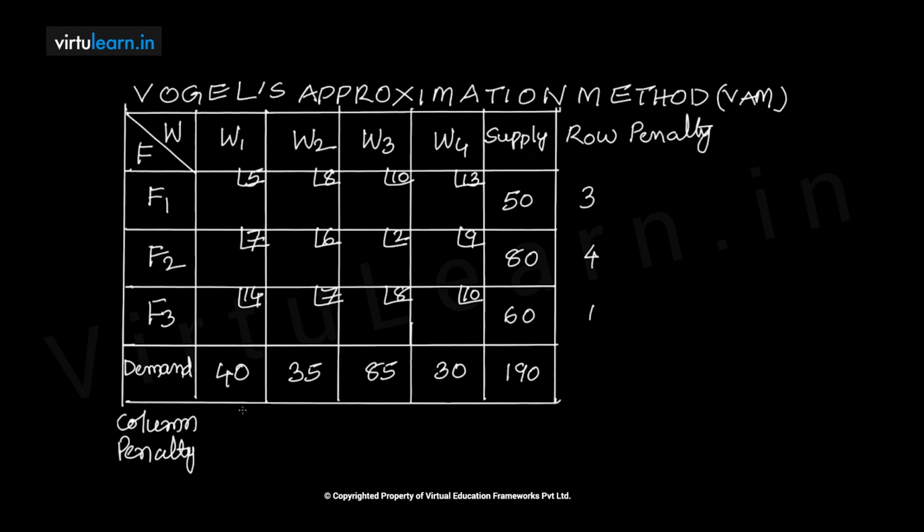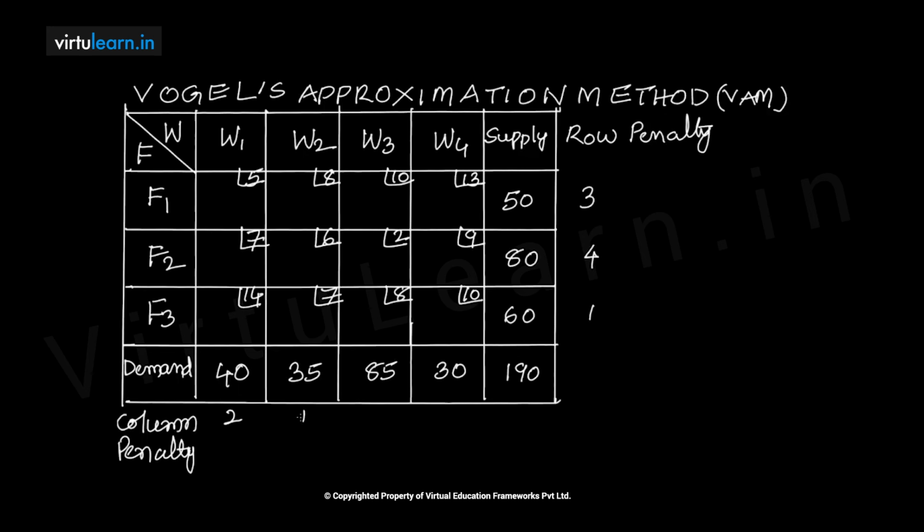Now we'll look at the columns and we'll write down column penalty. 5 is the least, 7 is the next least. So I'll write 2 as column penalty. Then in this, 6 is the least, next least is 7.